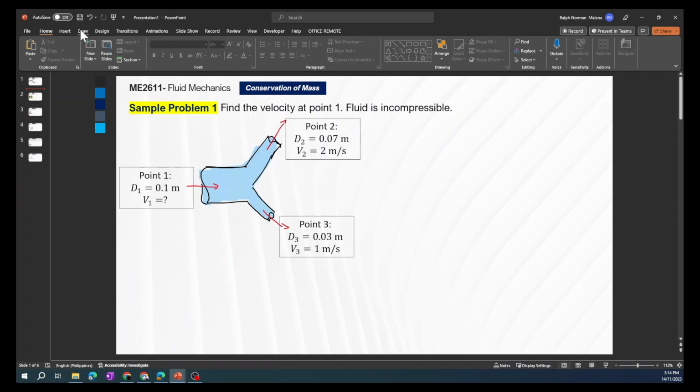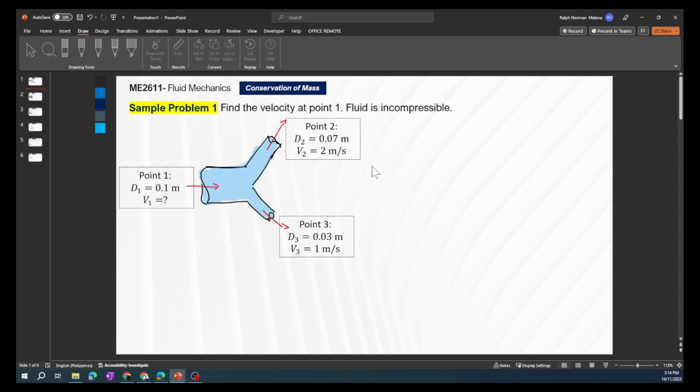Okay, so how do we go about this? We can take it step by step first. You can always rewrite this, just to be sure. So we're here to find velocity 1, so we know that's gonna be in meters per second.